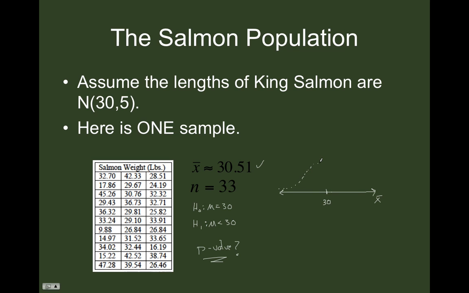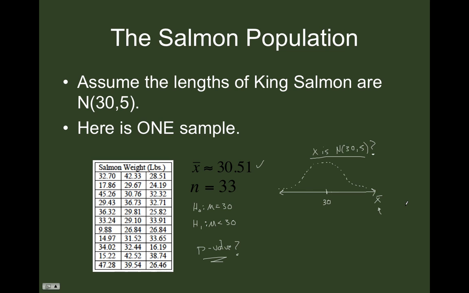My question is, should we model x bar using N(30, 5), the normal distribution with a mean of 30 and a standard deviation of 5? And remember, this is x. This is what we said about x. But is x bar's distribution the same as x's distribution? This is the question that we need to investigate.